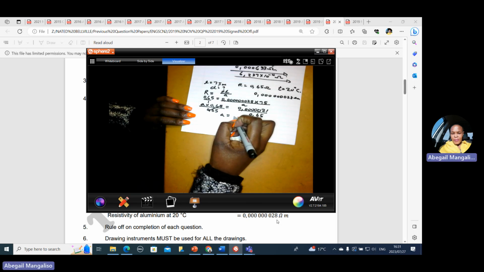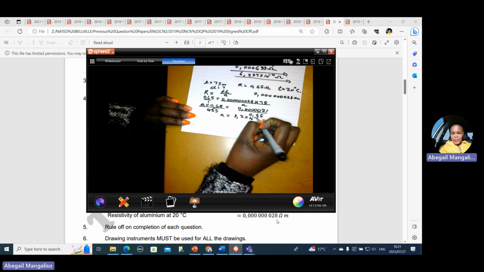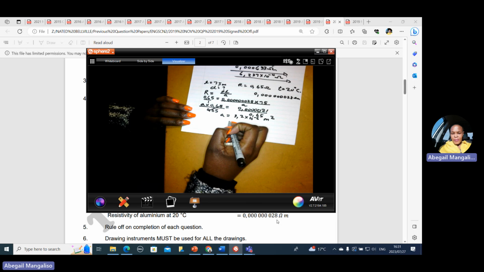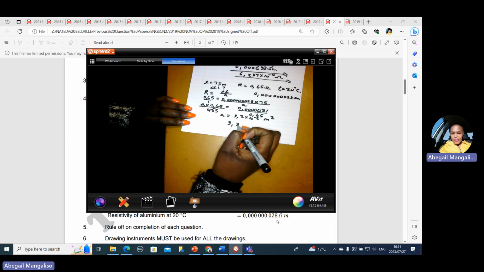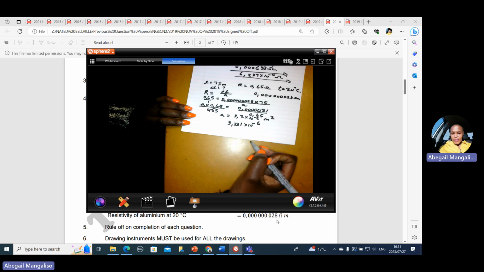If your calculator gives you 3.231 times 10 to the power negative 6, it will be in square meters, with 3 decimals after the comma.